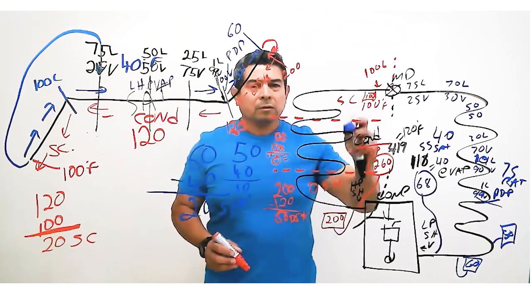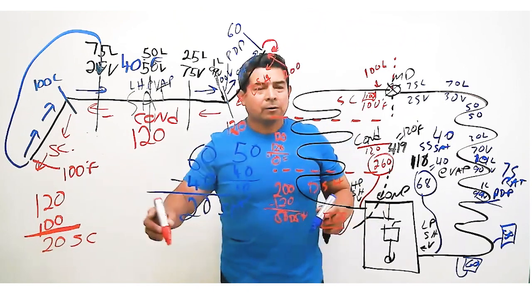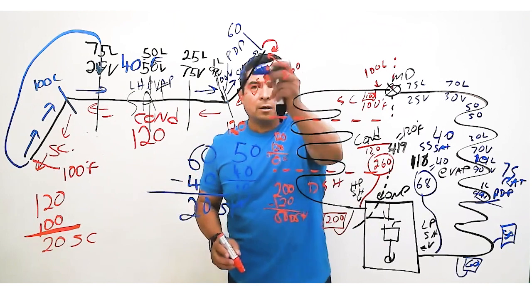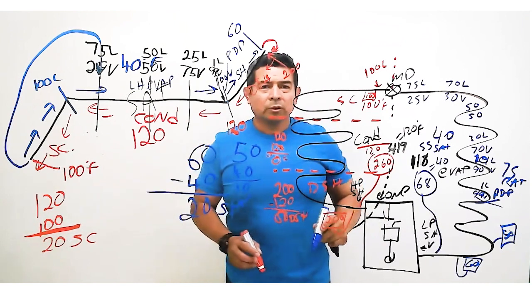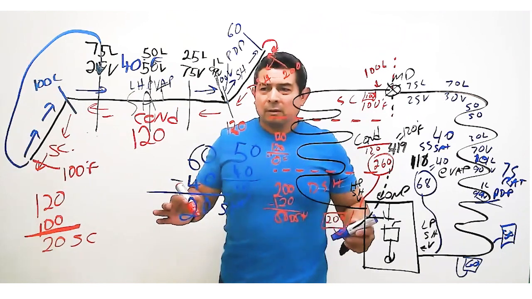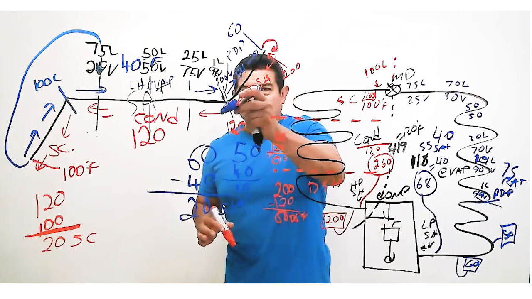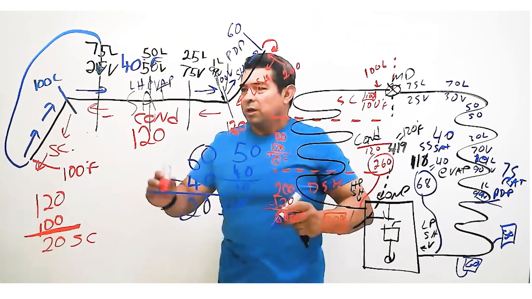That shows you how to get your superheat readings up here on top, and how to get your subcooling readings. And I'm hoping that this explains what is happening in the refrigeration system: the superheating, the desuperheating, and the subcooling.